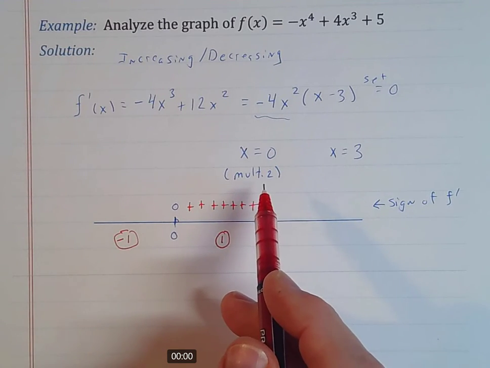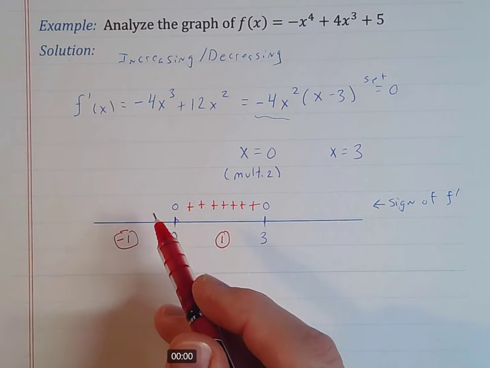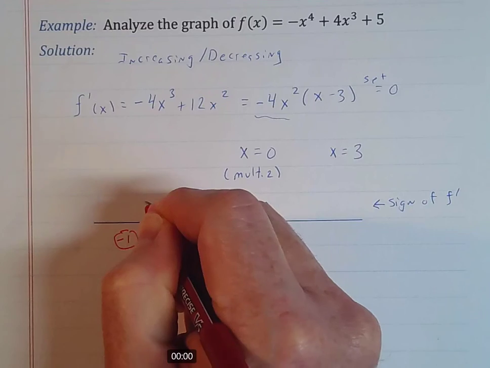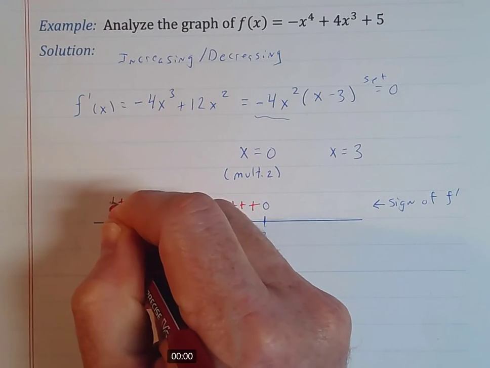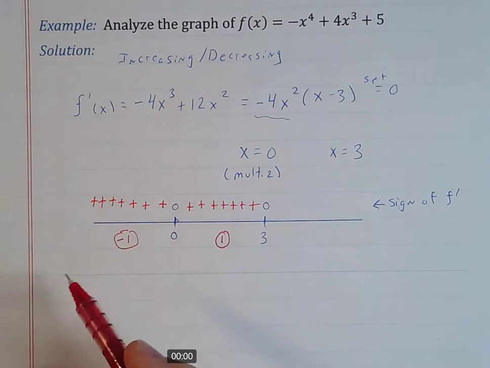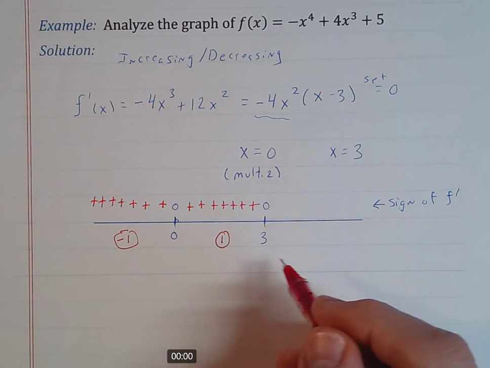The sign only changes at odd multiplicity. So I don't expect the sign to change right here, and so I see that I get pluses. And really, you can do that either way. You can just plug that negative 1 in, or you could just think about the multiplicity thing.